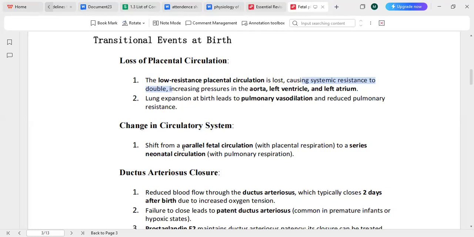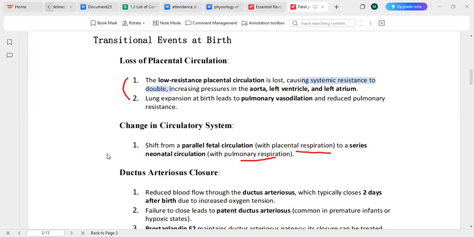What happens? There is a shift from parallel fetal circulation with placental respiration to a series neonatal circulation with pulmonary respiration. Okay, placental respiration is now finished, and we now have pulmonary respiration after these events.